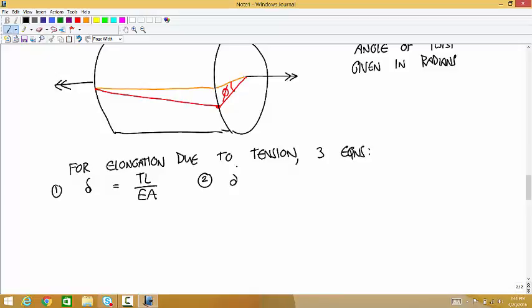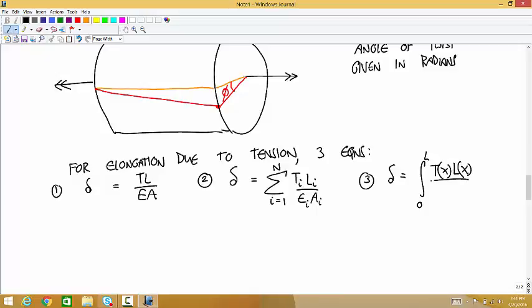The sum formula said delta was equal to the sum of TI, LI over EI, AI. And then we had the continuous one that was the integral formula over the whole length of T, L over E, A.